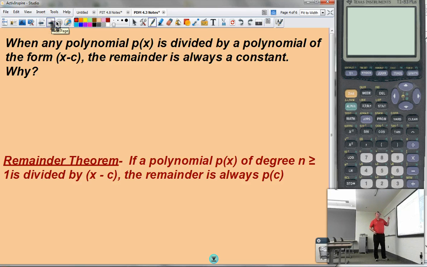So, ask you to read through this. It says, when any polynomial p of x is divided by a polynomial of form x minus c, the remainder is always a constant. Why? Okay, and I'll ask you to think about that for a second.